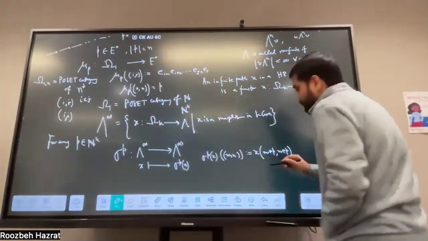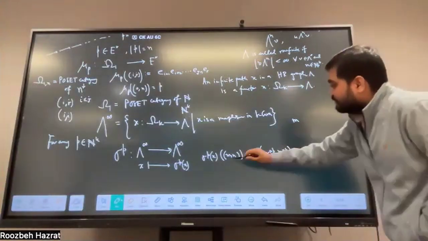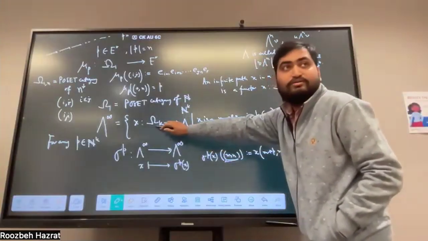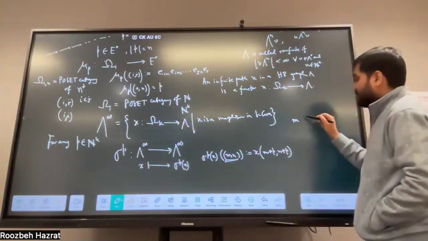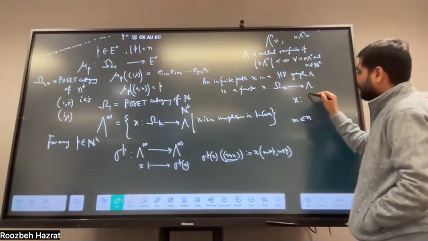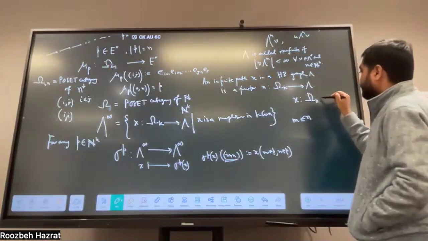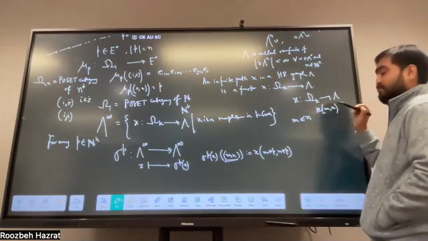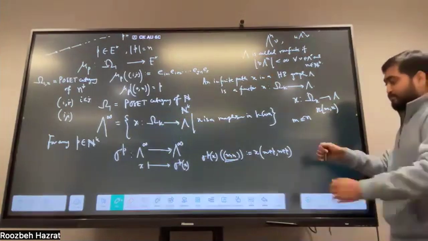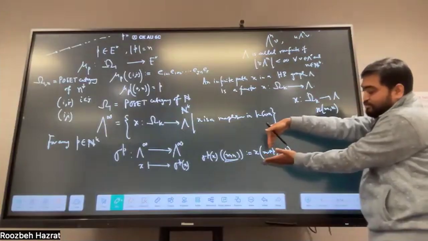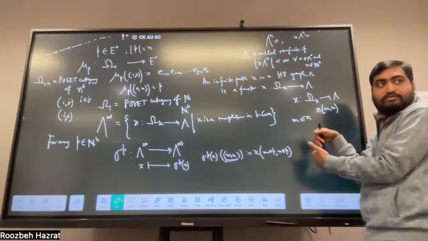No, so here this is your morphism, right? So m is less than or equal to n, and you already have this functor from Omega_k to Lambda, right? So you have this thing x(m, n). Now I am viewing everything starting from the position P shifted to the right.